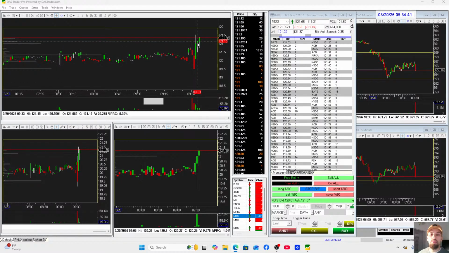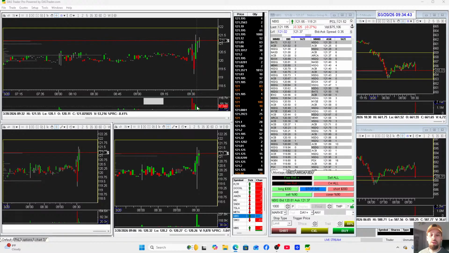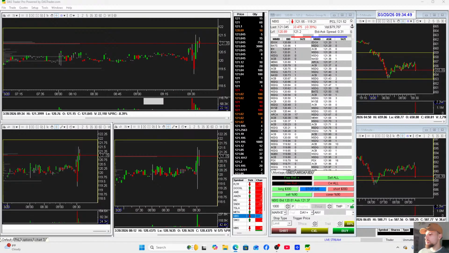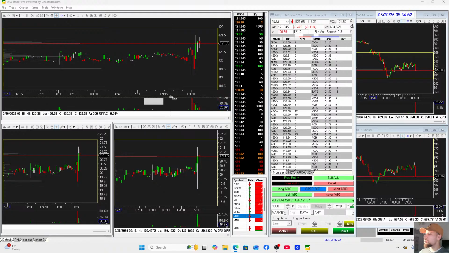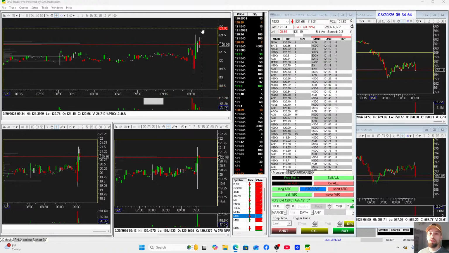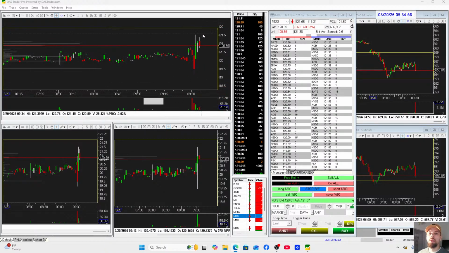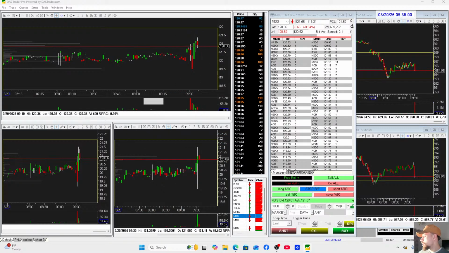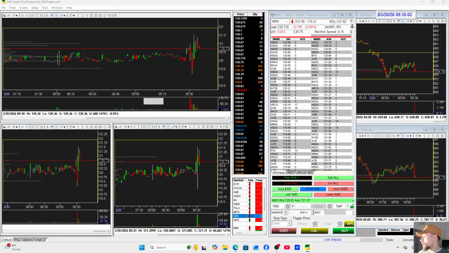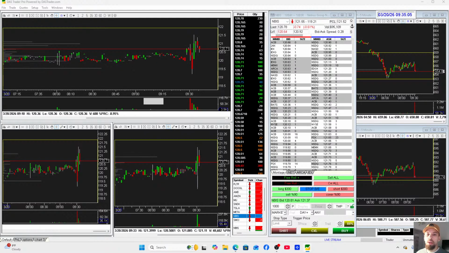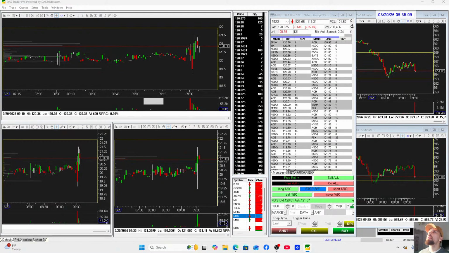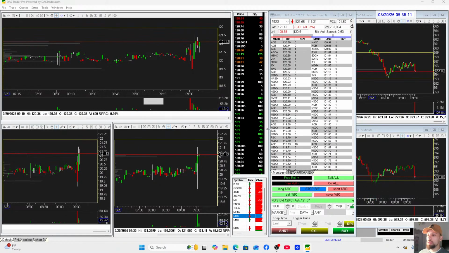It's a nice big green candle, but look at volume die off from the previous candles on NBIS, so that's pretty interesting. I'd like to see it get up here though. That's where it was testing a lot, at the 122 level, so I'd like to see the price get up there.